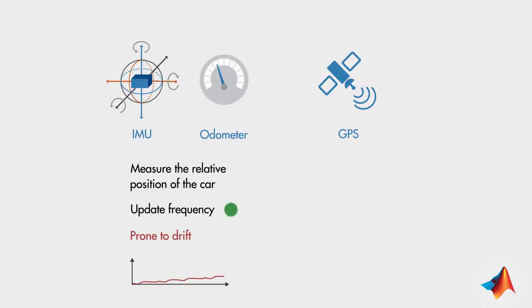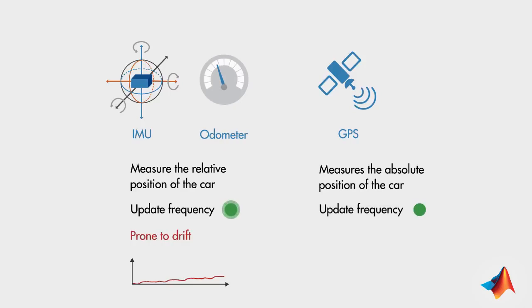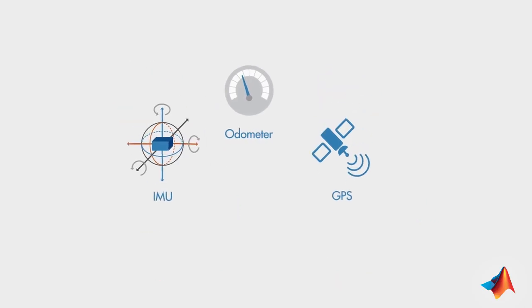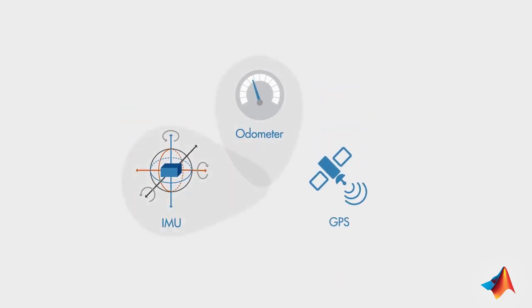The GPS receiver provides your absolute location, but it gets updated less frequently and it may be noisy. In this scenario, a Kalman filter can be used to fuse these three measurements to find the optimal estimate of the exact position of the car. Let's look at some facts about Kalman filters.